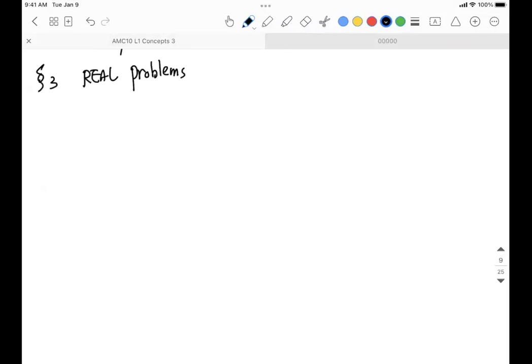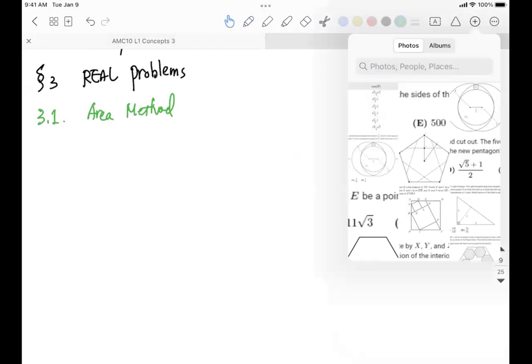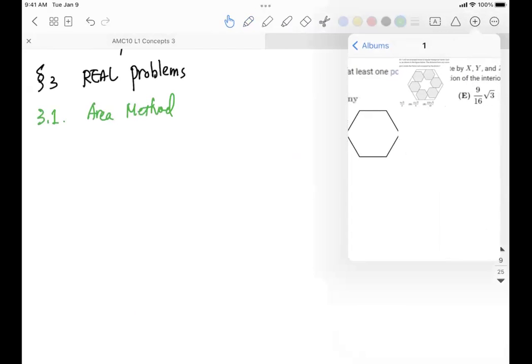Like I said, there are four major categories, right? Let's start with the first category, area. How do we determine the area? Sometimes using the definition, sometimes we use some flowery things, but we'll see. So let's go for our first problem.